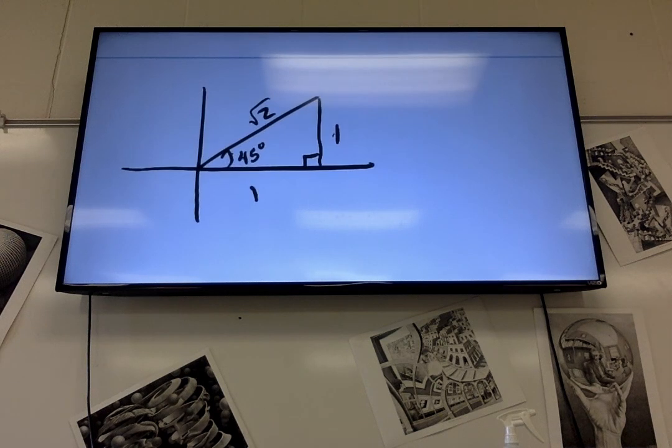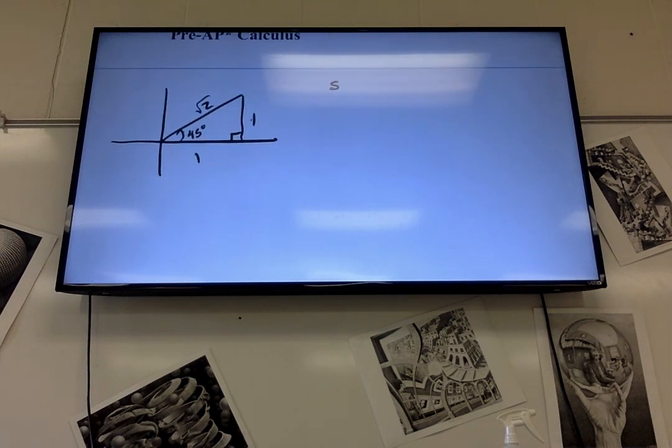So let's look at that. Using this special right triangle, because this would be a non-calculator question, what's the sine of 45? Remember SOHCAHTOA. Here's opposite, here's the hypotenuse, here's the adjacent.